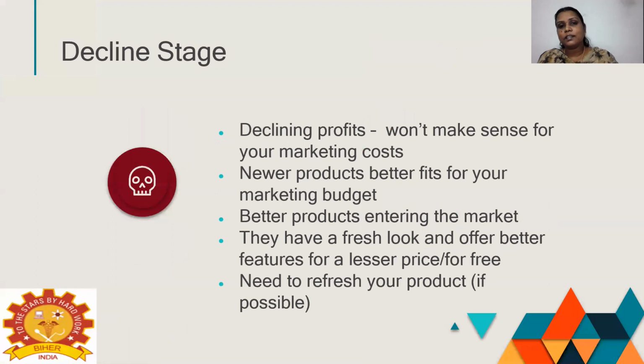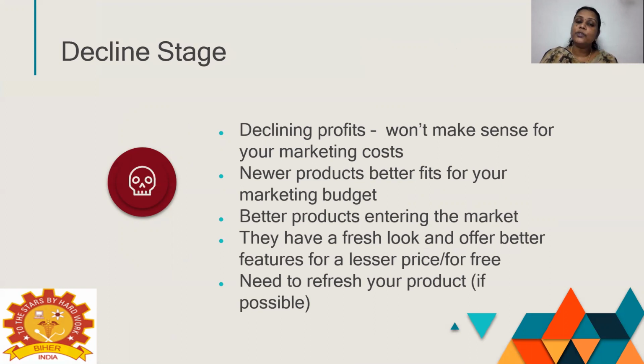Okay. The next and final stage is declining profits. This decline stage is marked by declining profits. The market peaks and levels off during the saturation stage. Few new customers buy your products, and the repeat-order customers have completely disappeared.